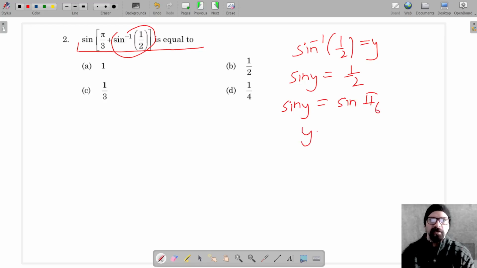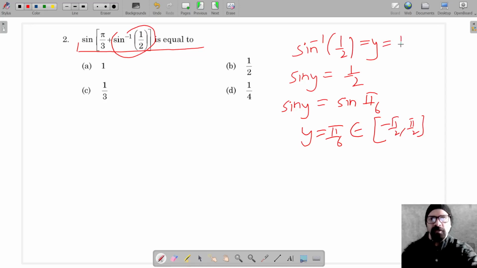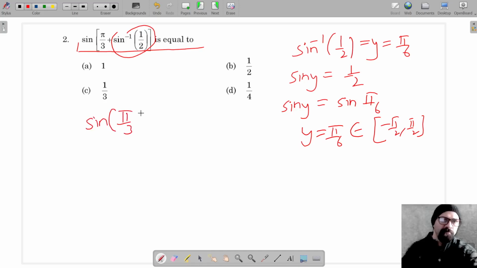So y is equal to pi by 6, and this belongs to the range of the sine inverse, which is minus pi by 2 to pi by 2. That means sine inverse half is pi by 6. Let's put in the value here. Now this becomes sine of pi by 3 plus pi by 6.